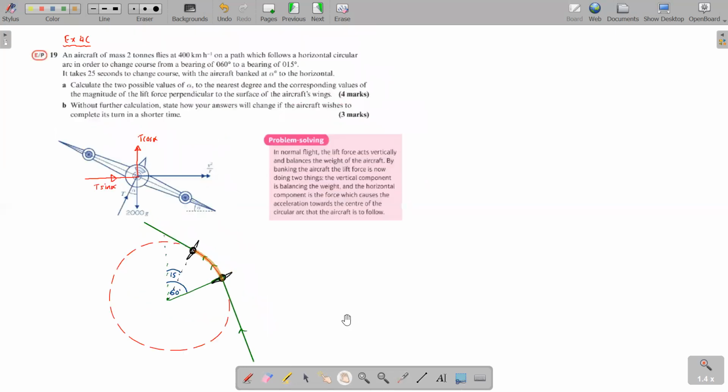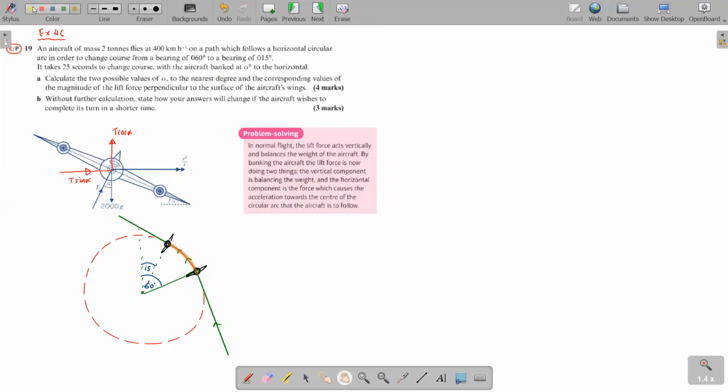All you need to do here is, to apply the two equations, first we need to know the speed. Basically, we have 400 kilometers per hour, which we need to convert to meters per second. So 400 kilometers is 400 into 1000 meters, and 1 hour is 60 minutes into 60 seconds.